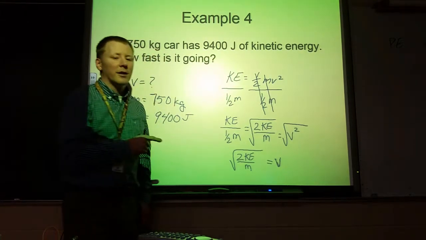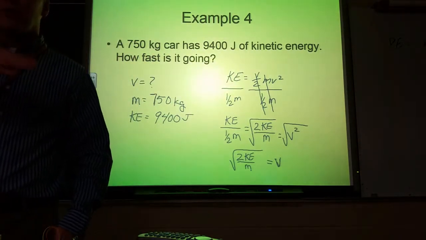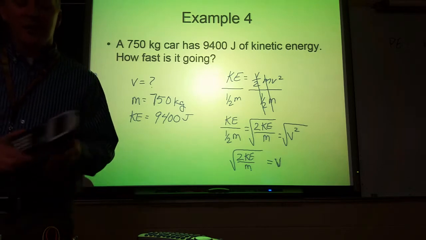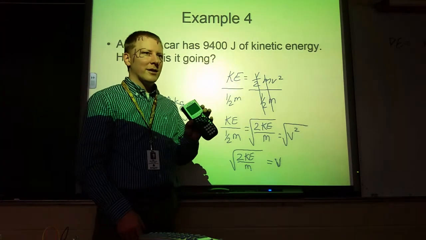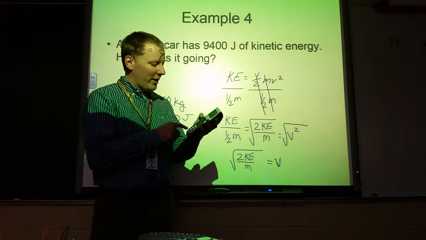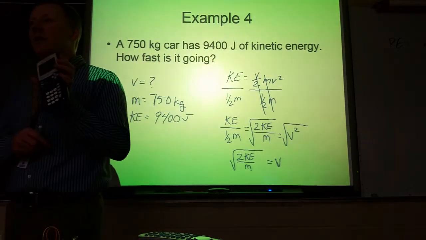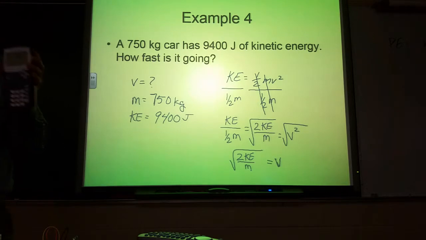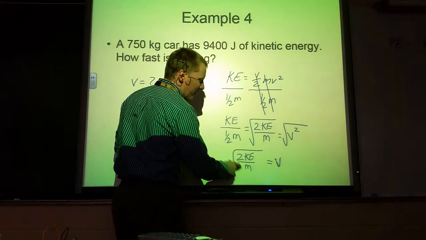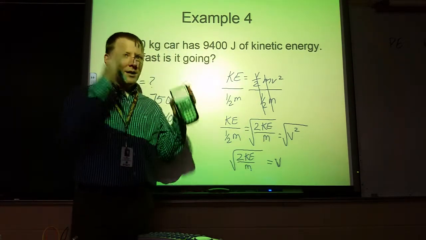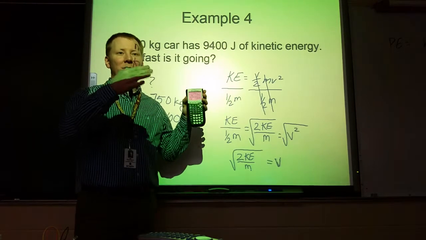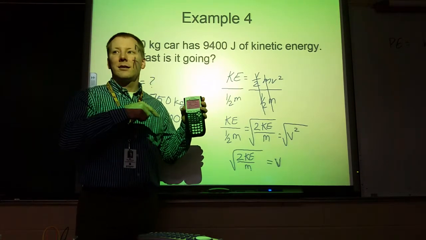A very important thing to remember here is order of operations on a calculator. Again, if you've got one of the TI calculators, when I hit the square root button, you notice it puts a parenthesis after that. If you don't have one that has that, I would suggest multiplying or dividing this stuff out first, getting it to its end result, then taking the square root.